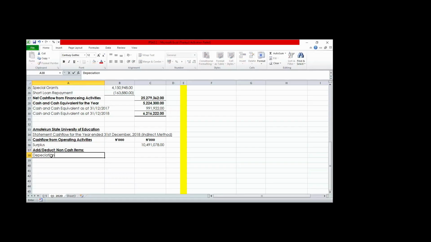What is the depreciation figure for the year? 9,245,294.